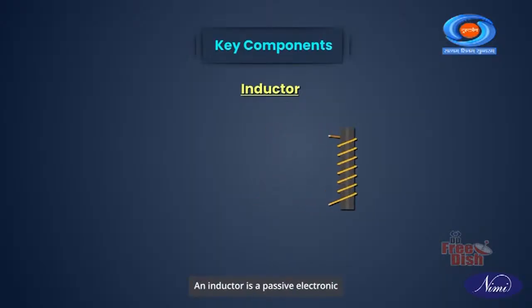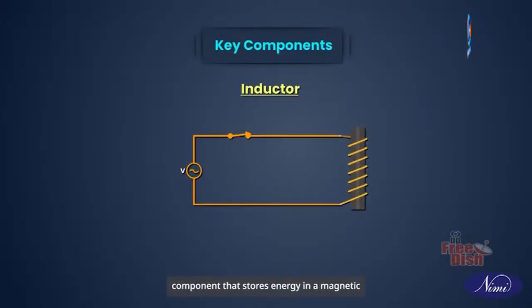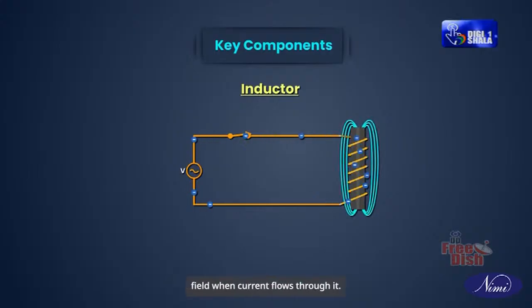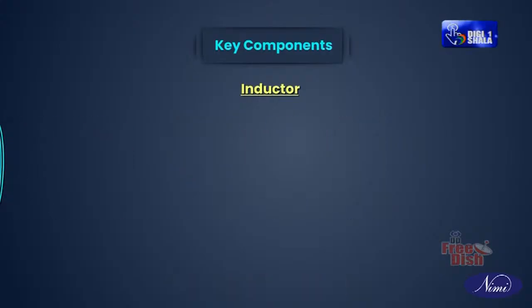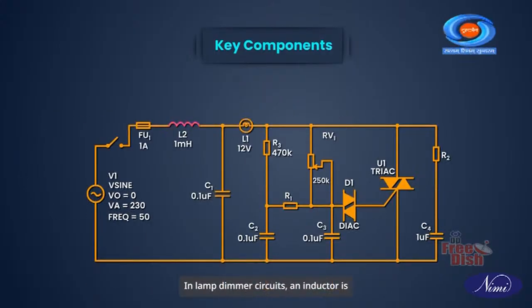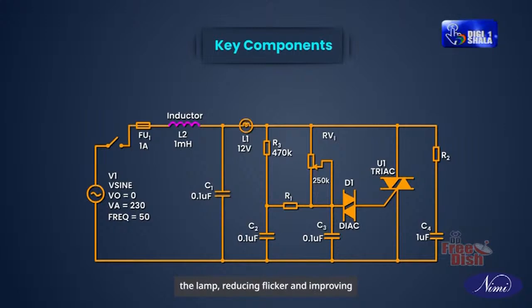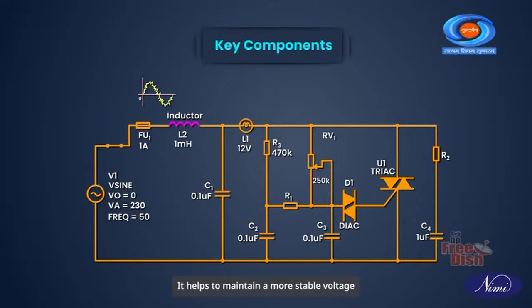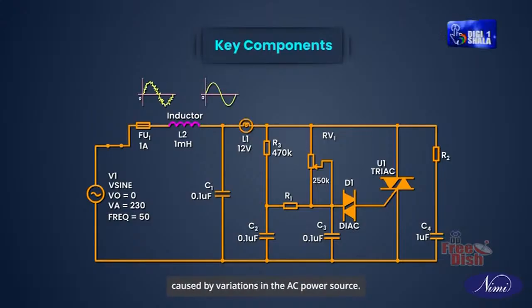An inductor is a passive electronic component that stores energy in a magnetic field when current flows through it. In lamp dimmer circuits, an inductor is often used to smooth out the voltage across the lamp, reducing flicker and improving performance. It helps to maintain a more stable voltage supply to the lamp by reducing fluctuations caused by variations in the AC power source.